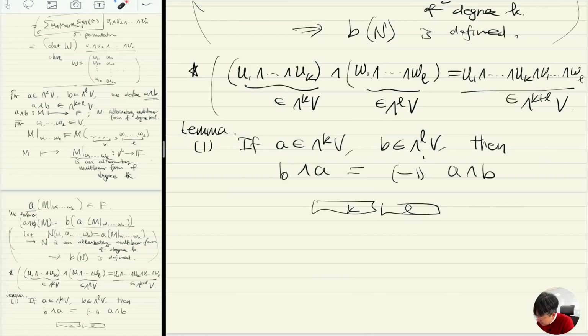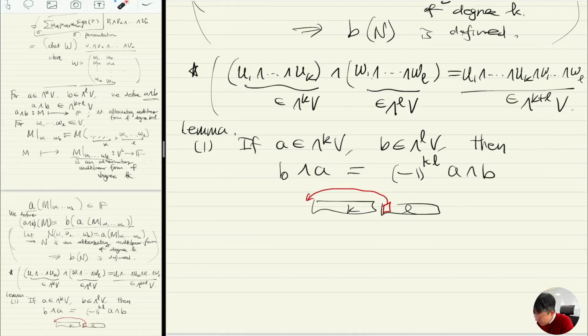And no matter how you swap, you end up with the same parity, which is -1 to the K times L. Well, how can you see that? One way to see it is, pick each one, and then you swap with this guy, you want to insert over here, right?